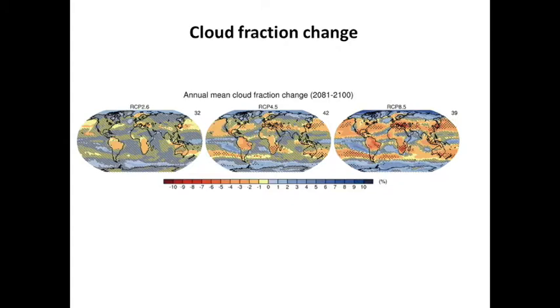And this is related with the cloud fraction change. So how the clouds will change in the future, for more or less. In this region here, we see a reduction of cloud fraction, and in other regions, we see an increase of cloud fraction.